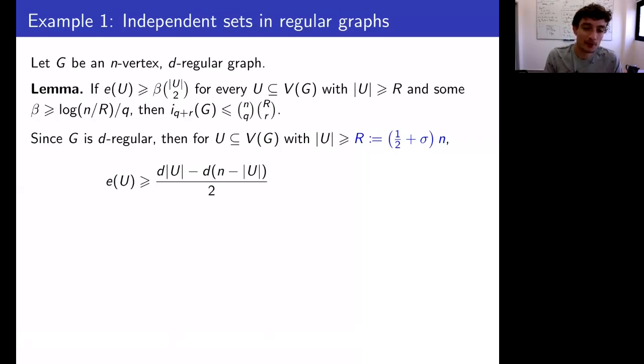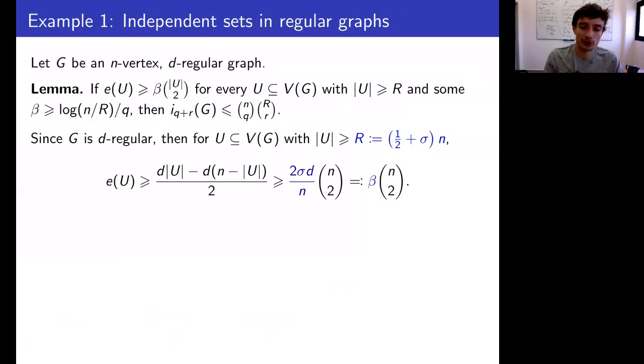Which means that the numerator here, d|U| minus d times (n minus |U|), must stay within the set U. So we have this many pairs of endpoints that stay in U, and therefore, if I divide it by 2, I get a lower bound on the number of edges of U. Since U was slightly bigger than a half, by this sigma, we get a lower bound of 2 sigma d over n times n choose 2.